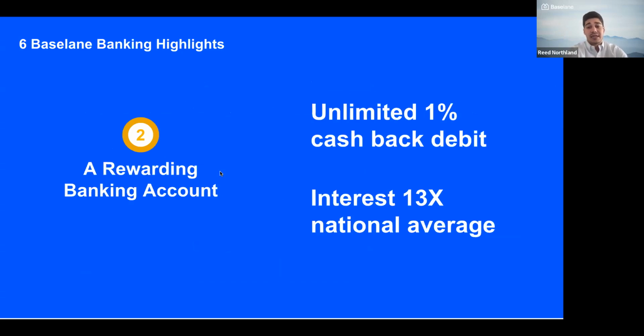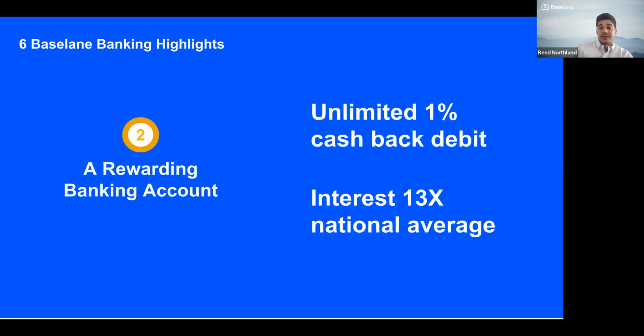I think the other piece that we really wanted to focus on for our customers was to offer rewards in the form of cashback as well as interest for Baselane Banking customers. We offer 1% cashback on all debit card spend. I don't think you really see that in any other bank on the debit card side of things.